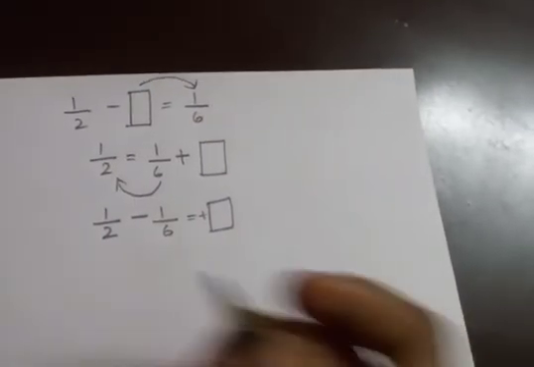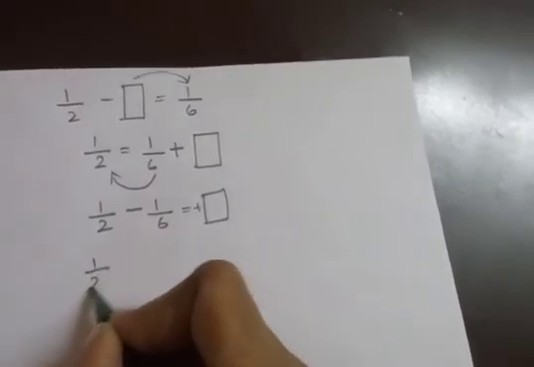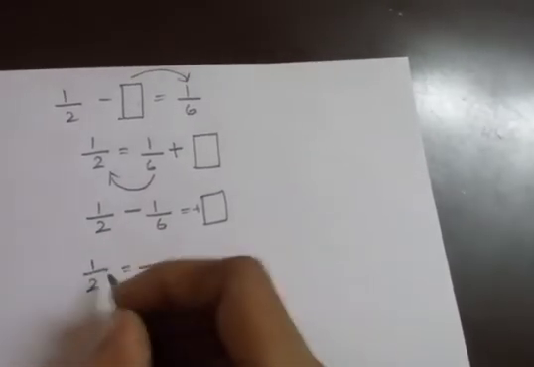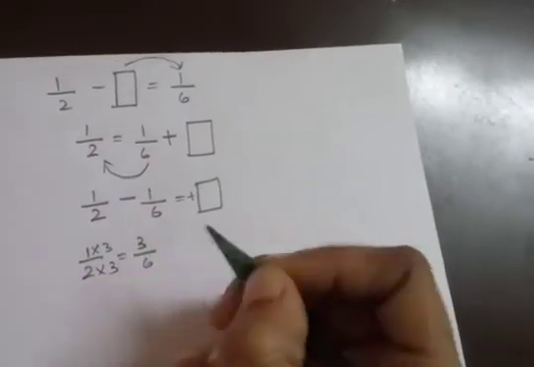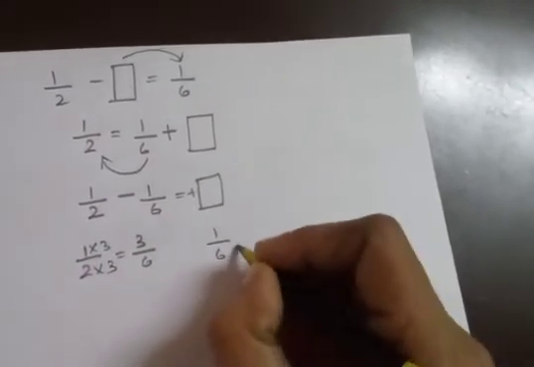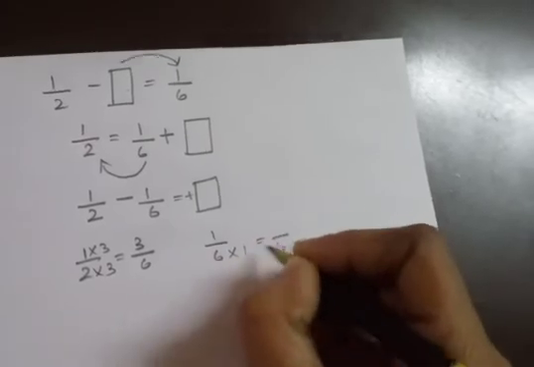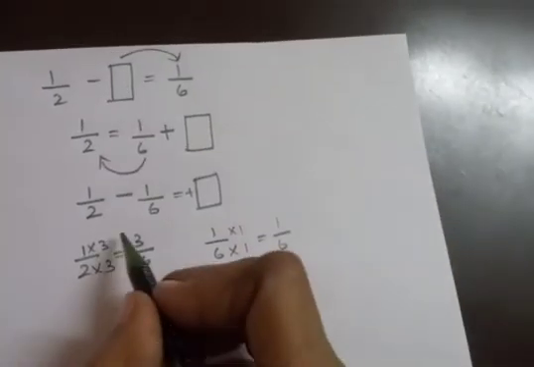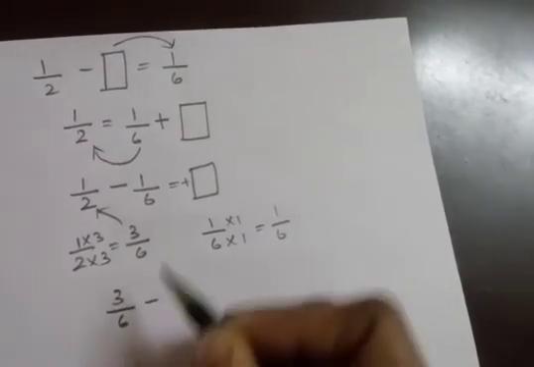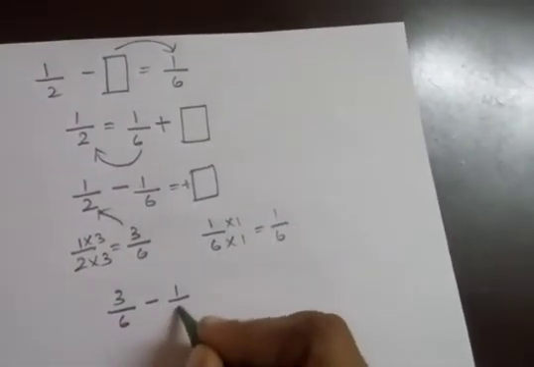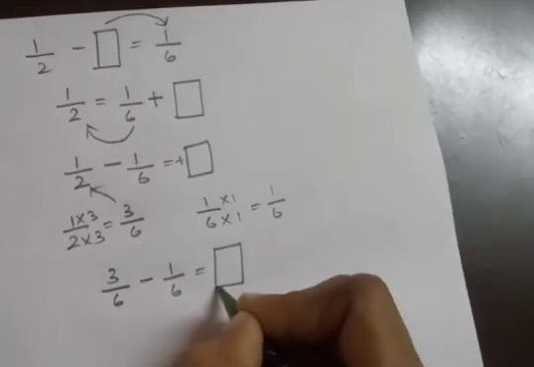What is the LCM of 2 and 6? 6. So I want to convert this 1 by 2 as denominator 6. 1, 2 3s are 6, so 1, 3s are 3 by 6. Then 1 by 6, 6 1s are 6, so 1 1s are 1. So instead of 1 by 2 I am writing 3 by 6 minus 1 by 6 is equal to box.